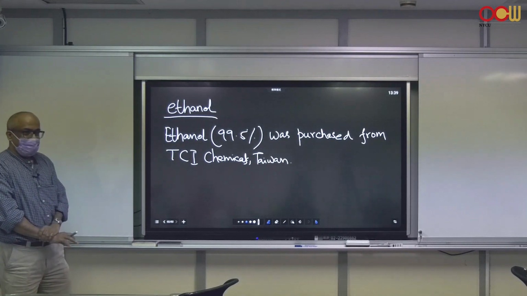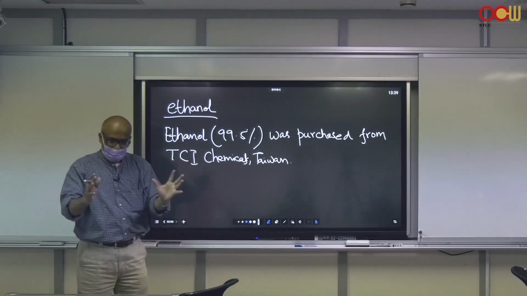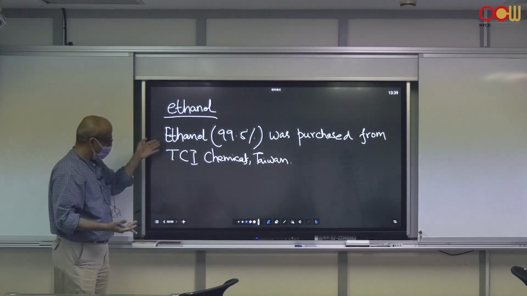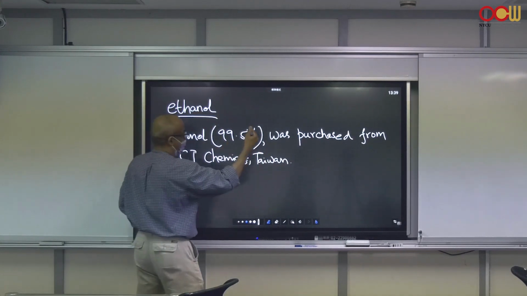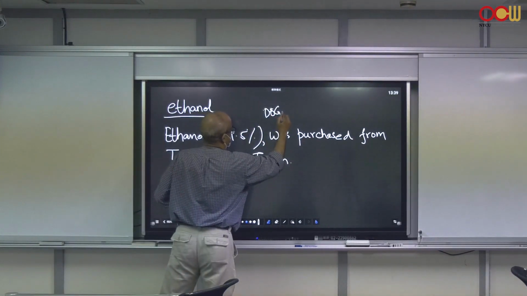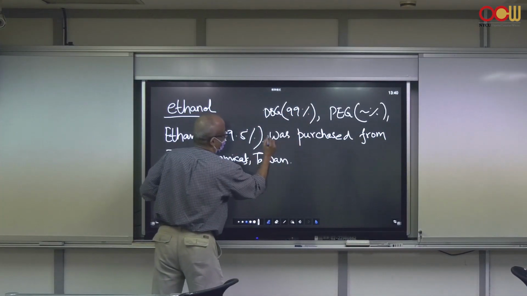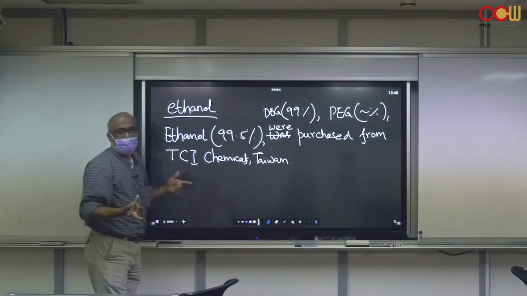Now you may be thinking that my work includes a lot of materials, and some of them are bought from this company, some of them from the other company. Okay, let's bring in more. So ethanol 99.5%, something else, diethylene glycol, you can tell whatever percentage that is. Then instead of was, you just say were.